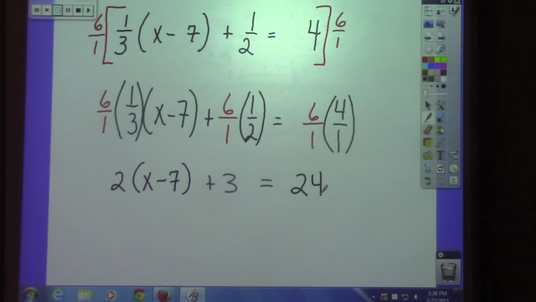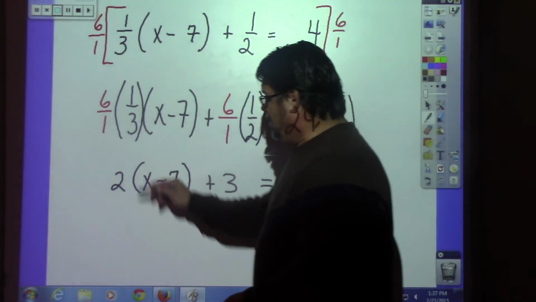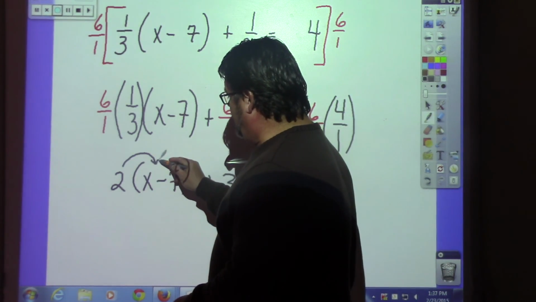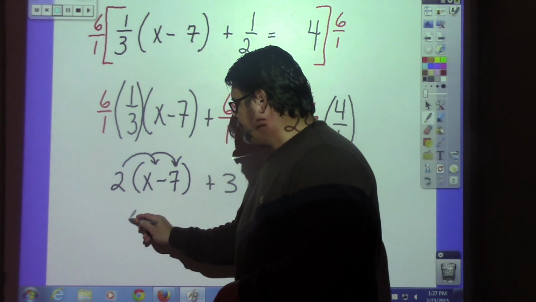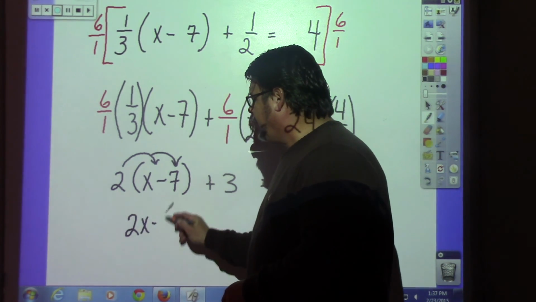Now you see why people can't do algebra. They can't do algebra because they don't know how to do fractions. So what does that 2 become? The hammer? And you get 2x what? Good.